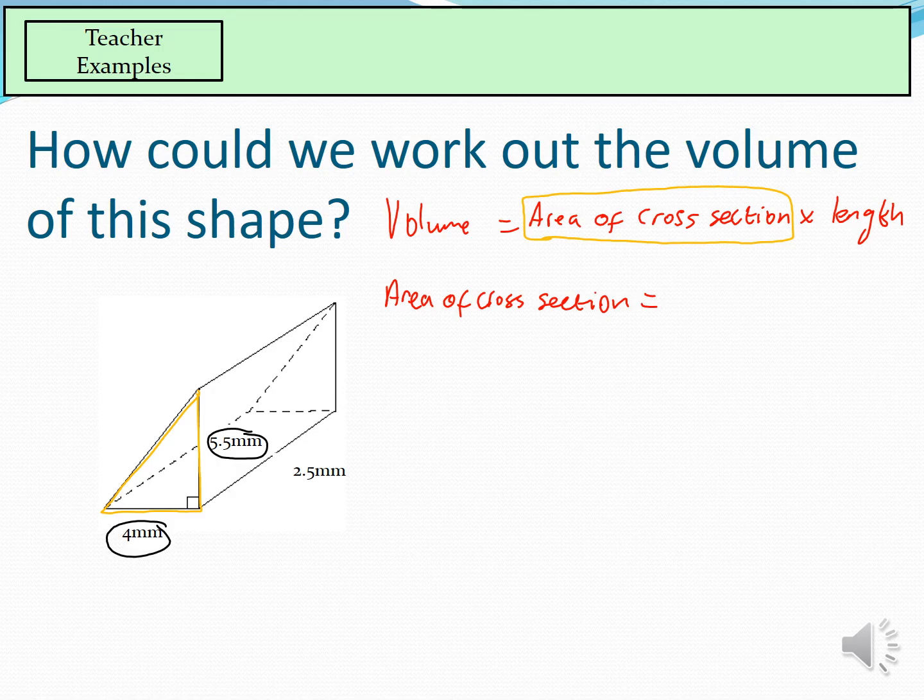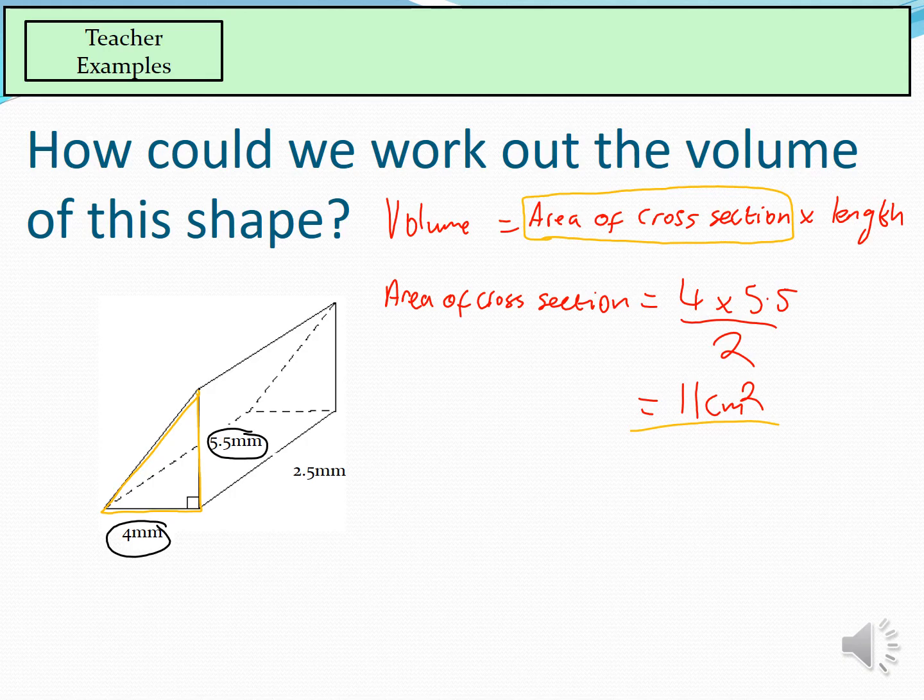So 4 times 5.5 divided by 2, and that should give us 11 centimeters squared. So now we've worked out the area of the cross section to be 11 centimeters squared.